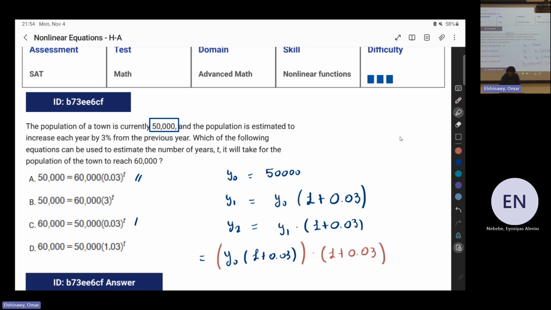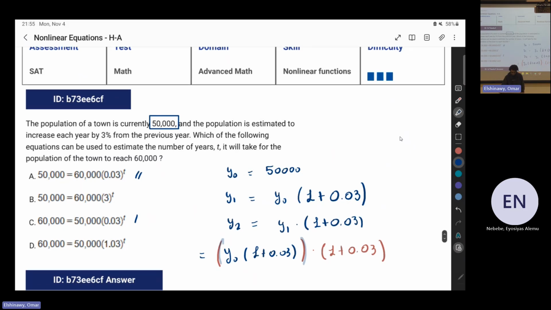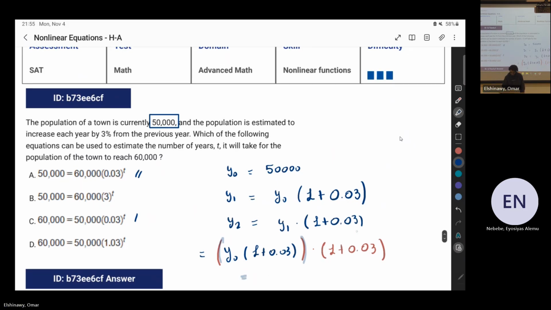Because I really want you to focus on what's inside of the bracket. What's inside of the bracket is something, and this thing will grow by 3%. And what this thing precisely is, it's the growth from the previous year by 3%. And then this accumulates, obviously. If I were to write this in a nicer form, I would write y0 times (1 plus 0.03) squared, because I have it twice.